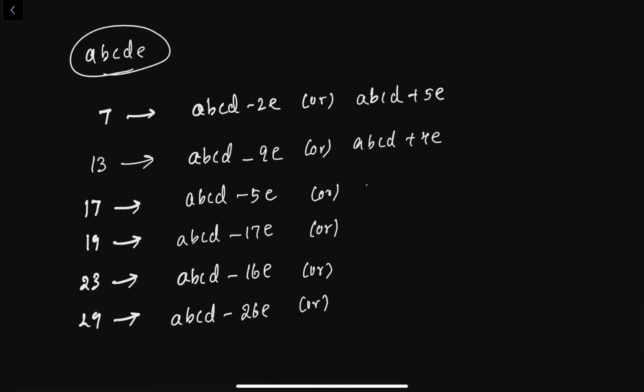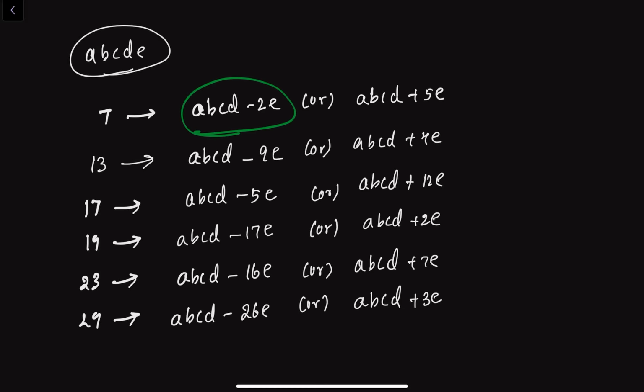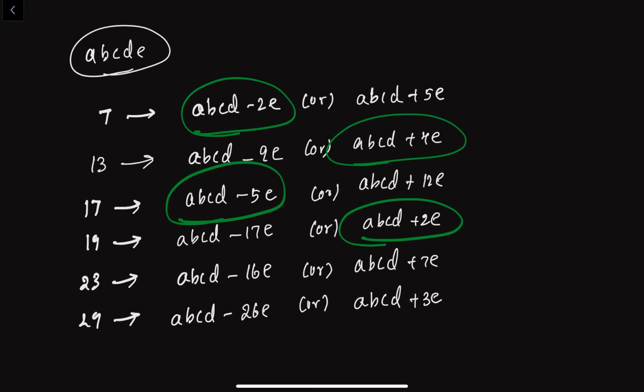So we can also write this as A, B, C, D plus 12E, or A, B, C, D plus 2E, A, B, C, D plus 7E, A, B, C, D plus 3E. Generally, for 7 we use A, B, C, D minus 2E, for 13 we use A, B, C, D plus 4E, for 17 we use A, B, C, D minus 5E, for 19 we use A, B, C, D plus 2E, and for 23 and 29 it's better to use A, B, C, D plus 3E.